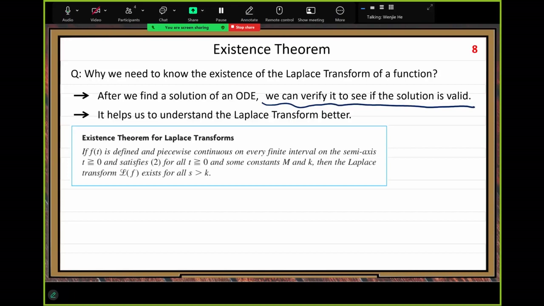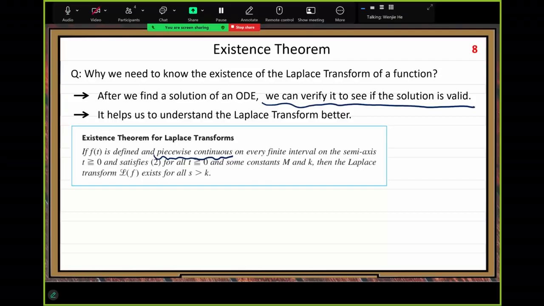Here you can see, for this existence theorem, you only require that little f function be piecewise continuous, weaker than a continuous function, on every finite interval on the semi-axis t greater or equal to 0, and satisfy equation 2.